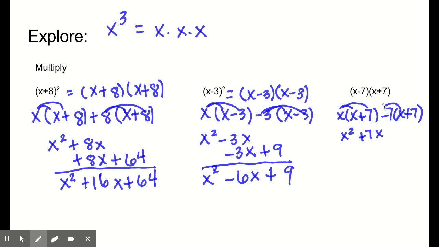When I distribute this, I get minus 7x. And then negative 7 times a positive 7 gives us a negative 49. So we get x squared, and then positive 7 minus 7. Those are going to cancel out, because if I have 7x's and I take 7x's away, I'm left with 0. And then I have minus 49.